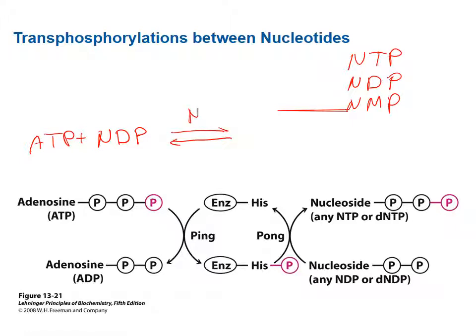It's in the presence of magnesium ion, and it yields ADP and our nucleotide triphosphate. And this reaction is catalyzed by nucleoside diphosphate kinase.